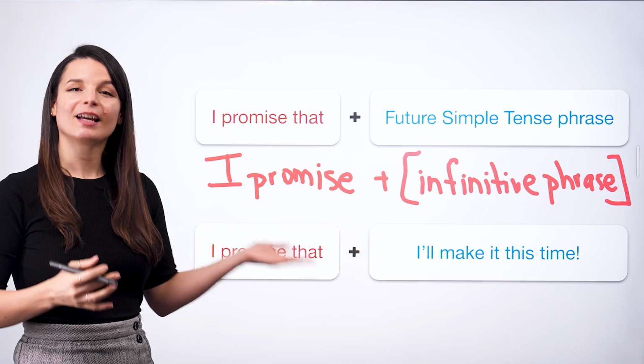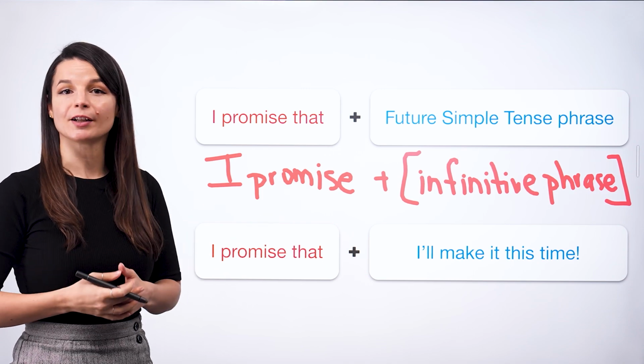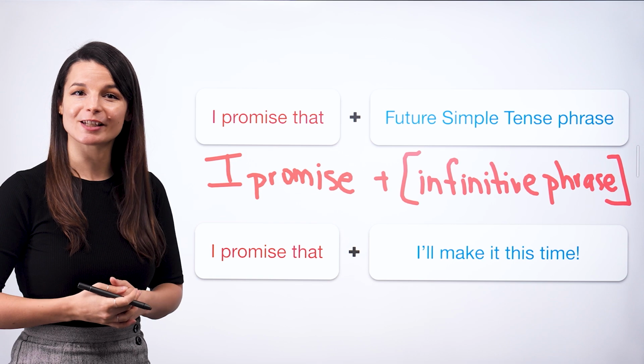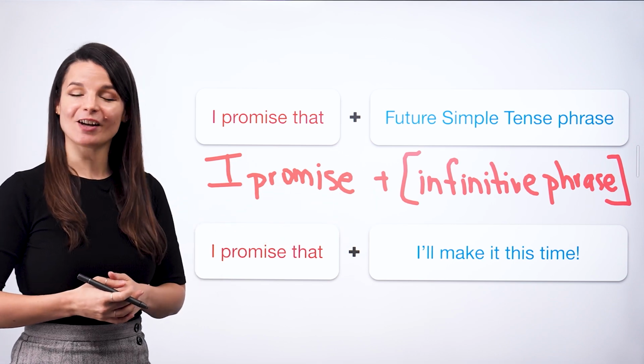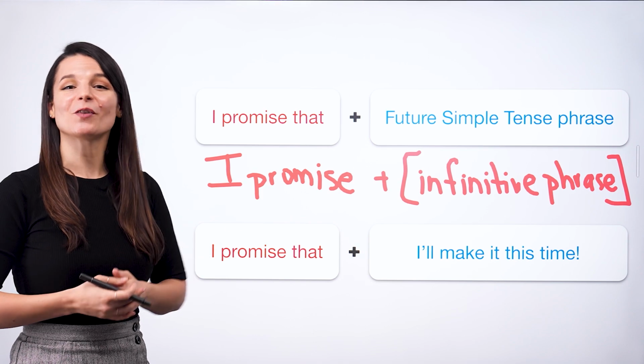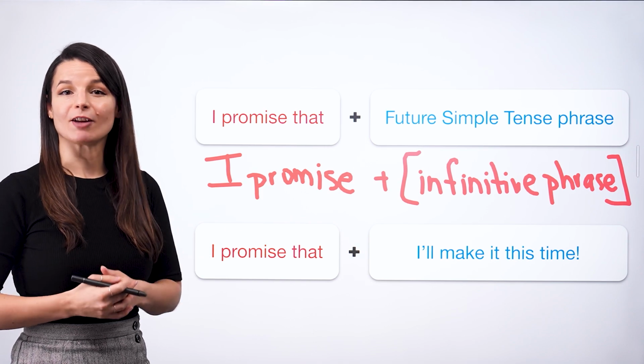For example, I promise to teach you all I know from the dialogue follows this pattern. To teach you all I know is a phrase made from the infinitive to teach.